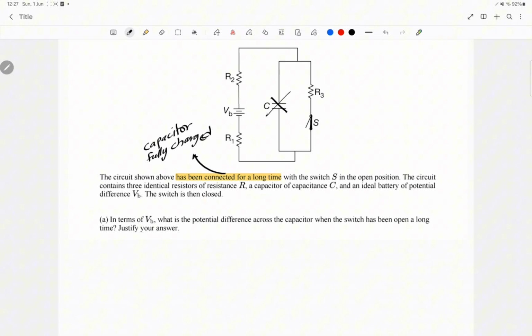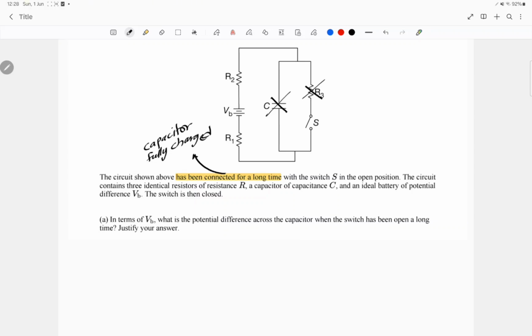Okay? So in terms of VB, what's the potential difference across the capacitor when the switch was open for a long time? So now the switch has been open for a long time. If the switch is open, that means there is no current in R3. Okay?